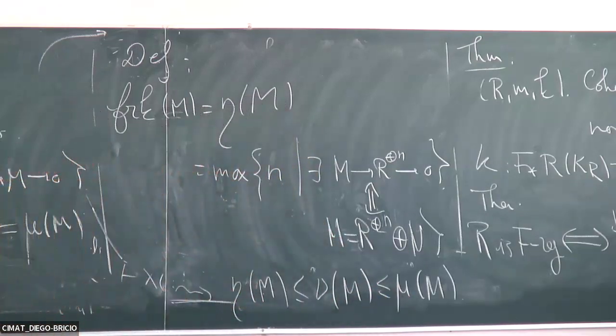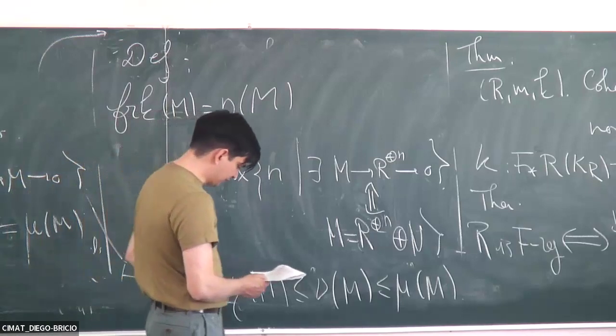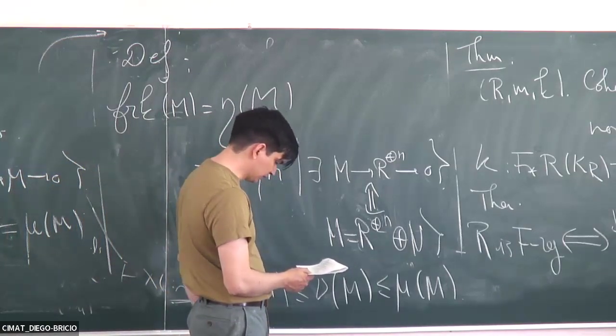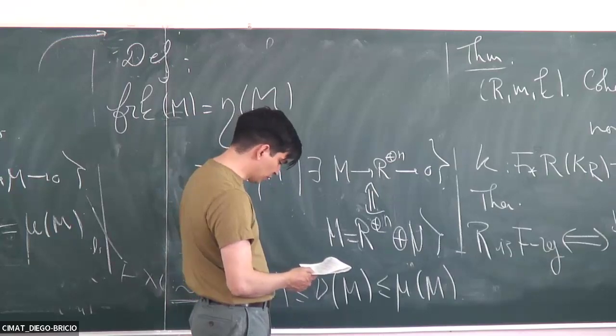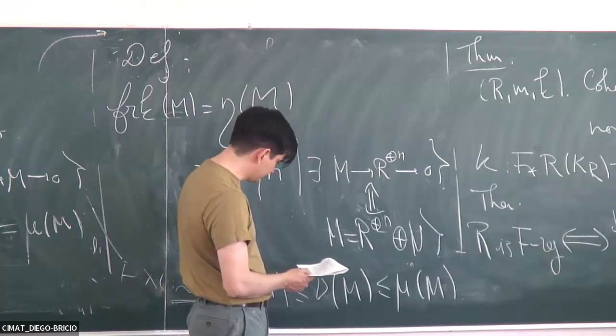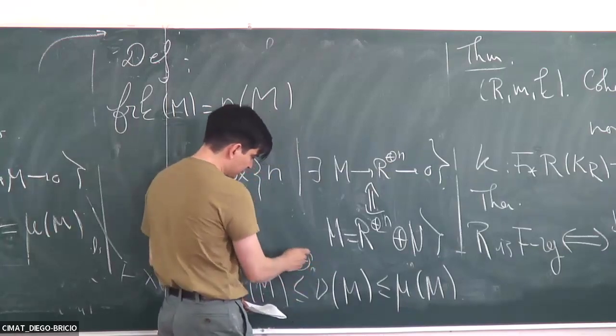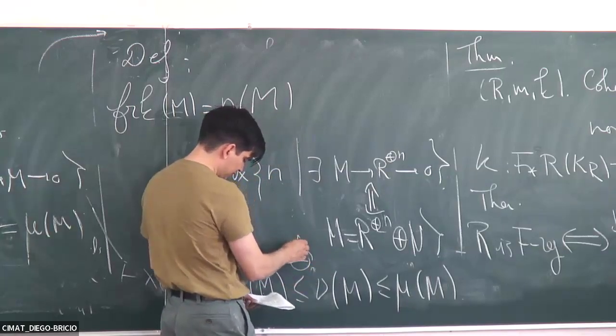That's a comparison between these three numbers. So, for example, I'm going to let you do some exercise in the notes. You may want to know what it means that there is equality here. This is equality, actually, if and only if.